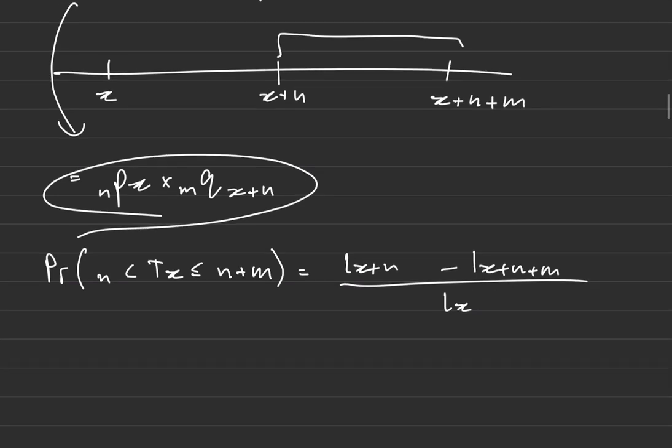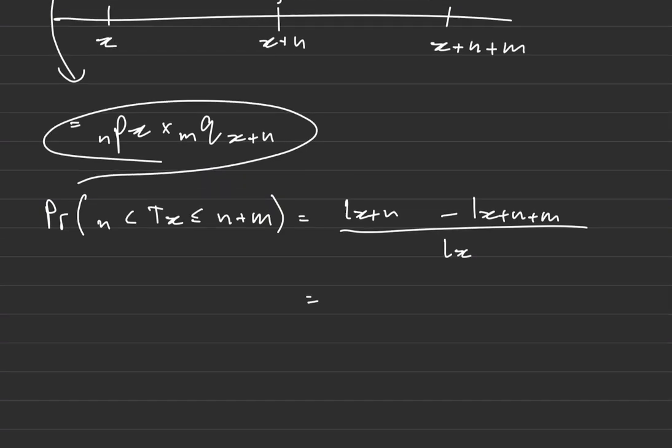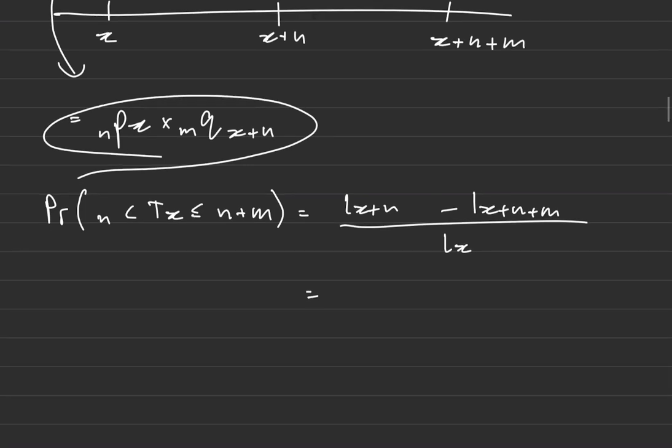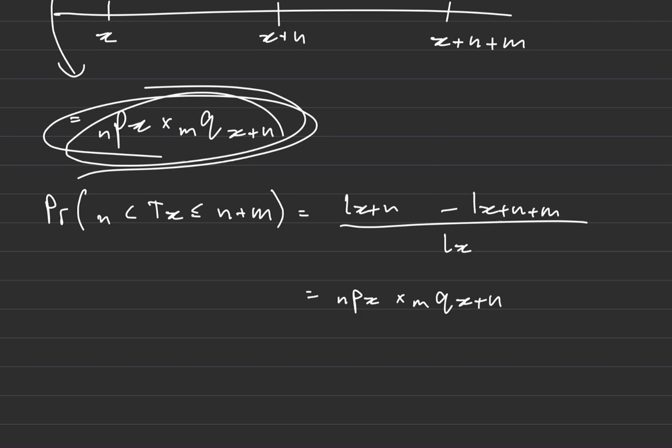Well, out of all the lives that are alive at age x, this is lx, I'm interested in the number that die between age x plus n and age x plus n plus m, which is the difference between those two. That represents the probability that I'm interested in, the number that would die there out of the number that are alive there. Now if I convert to probability form, this equals npx times mqx plus n, same as what I got intuitively.